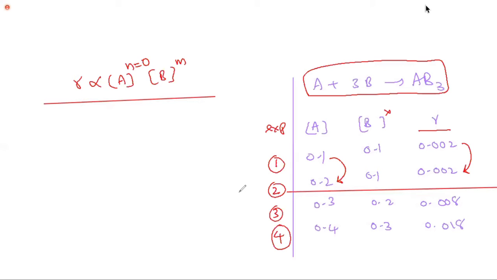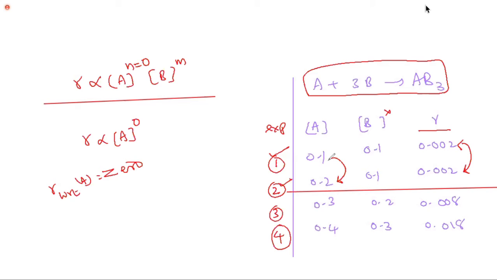Tell me, understood everyone or any doubt? I'll repeat. We know that rate is directly proportional to concentration. If A is not affecting the rate of reaction, therefore the order with respect to A is 0, right? How do I confirm this? Seeing experiment 1 and experiment 2, when I increase the concentration of A from 0.1 to 0.2, there is no change in the rate of the reaction.